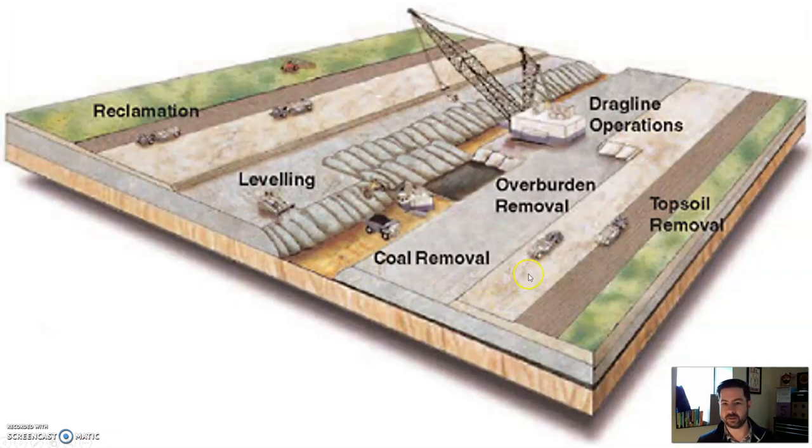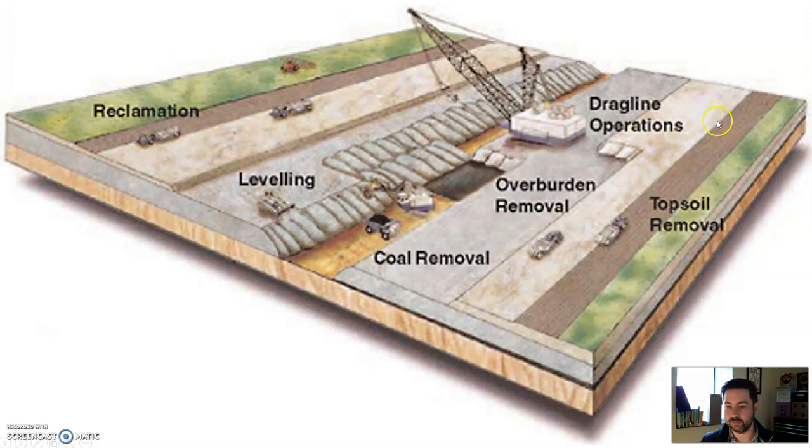So how that kind of works. It's like a big strip. So starting from right to left, you start to remove the soil, you dig down, you dig down, you dig down until you get to what you want. A lot of times in this case, coal. As you're digging this stuff down, you're piling it off to the other side, and you keep moving, in this case, to the right.